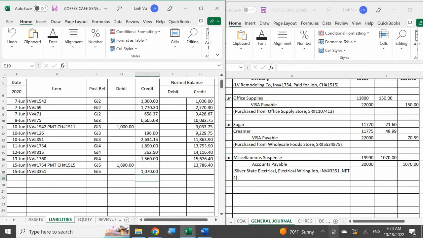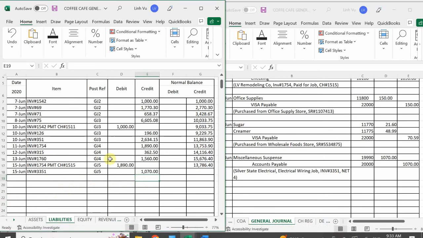So how much do I owe now? $13,786.40. That's what I'm currently at, but I just added another 1,070. So how much do I owe now? Where did you get 17,000?